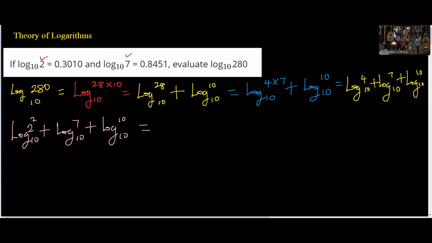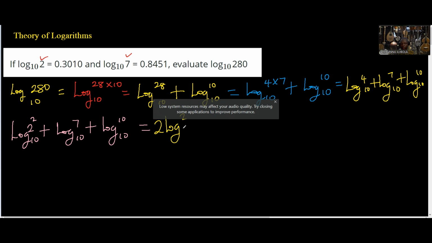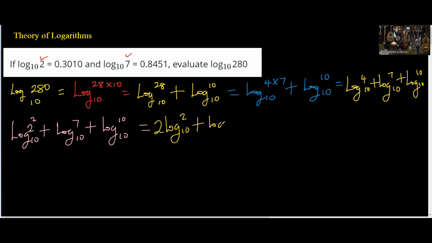Then remember that the 2, that is the power, can go to the back. Yes or no? Yes, sir. Good. So we have 2 log 2 base 10 plus log 7 base 10, then plus log 10 base 10.